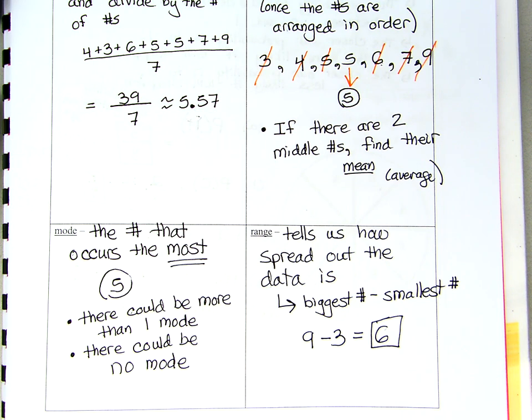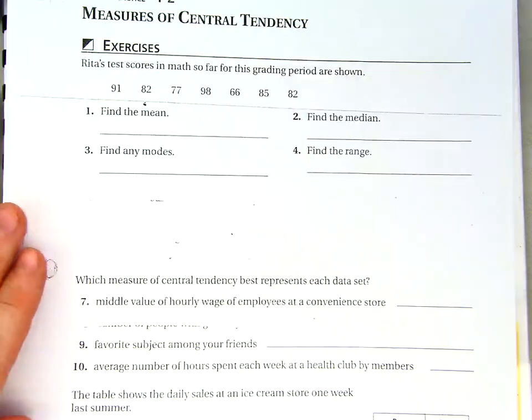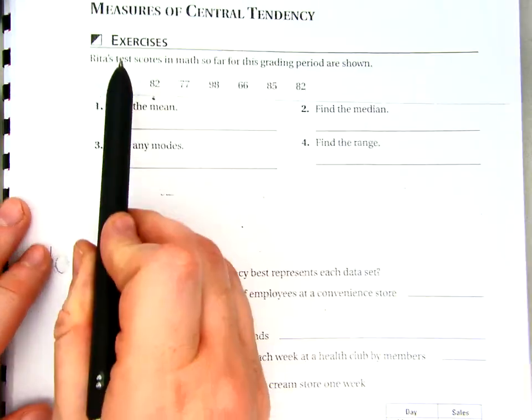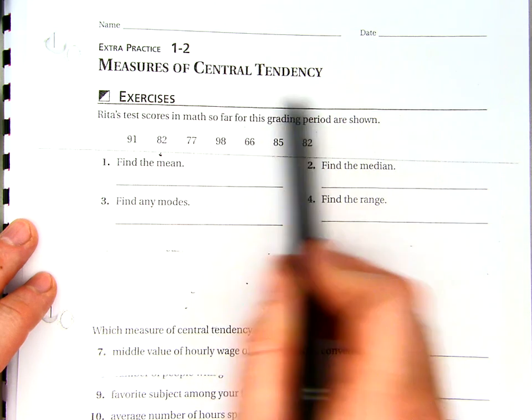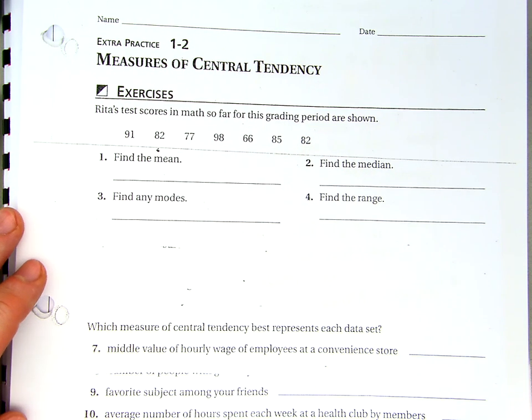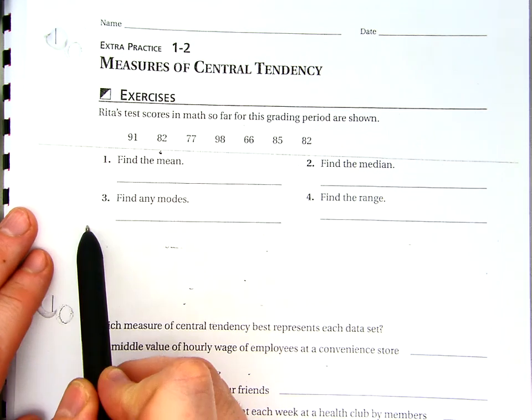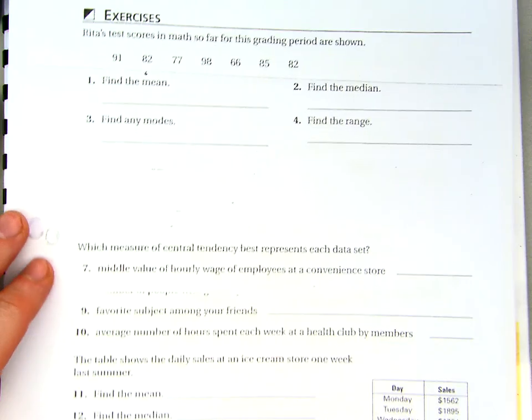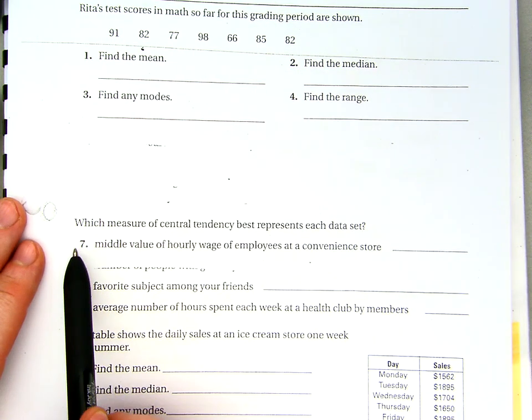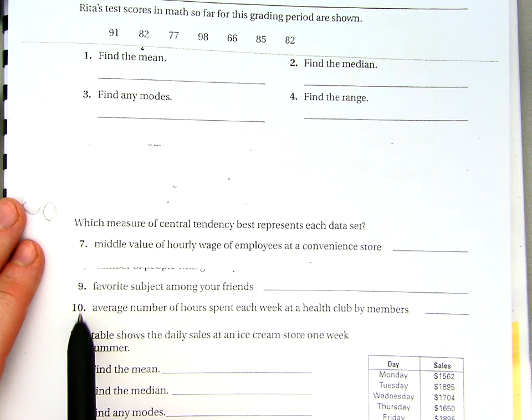You're going to do some practice with this. I would like whoever is running the class right now to please pause the video and pass out the worksheet that says measures of central tendency. I would like everyone to go do the problems on the top. I'd like to see if you can figure out what the answers might be to 4, 9, and 10.